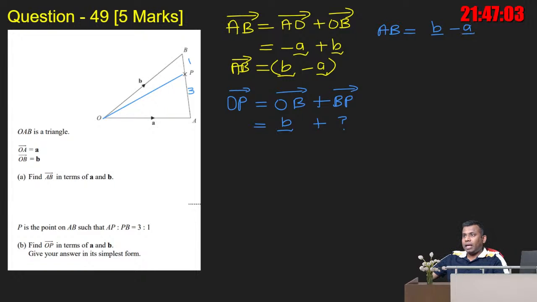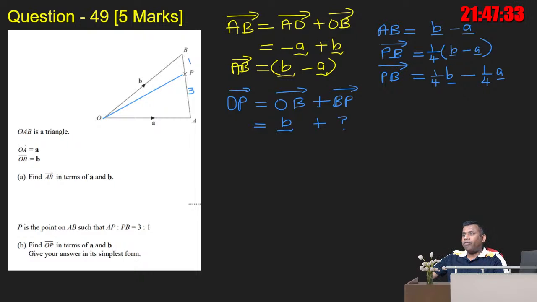Now we can say P to B is 1/4 of B minus A, right? So we can say quarter B minus quarter A. So that is PB.